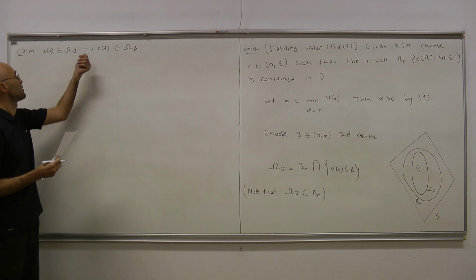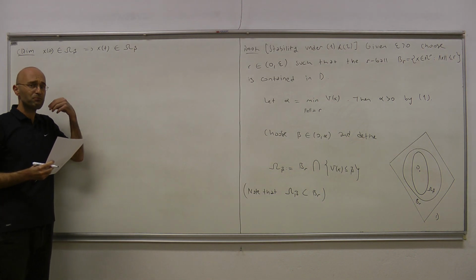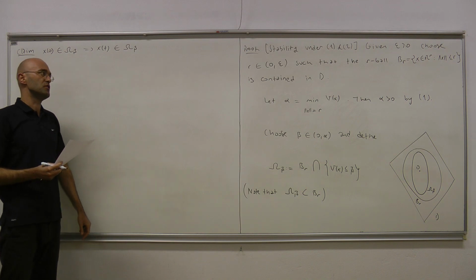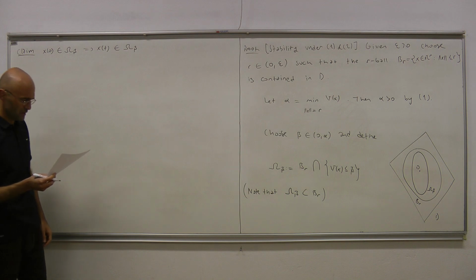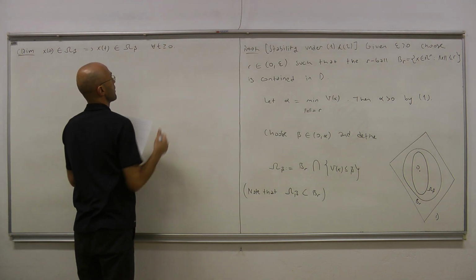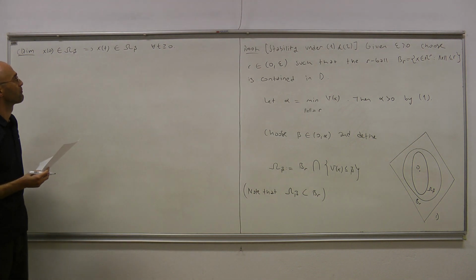Note that when such a property is satisfied, we say that the set omega beta is forward invariant with respect to the system x dot equals f of x for all t greater than or equal to 0.